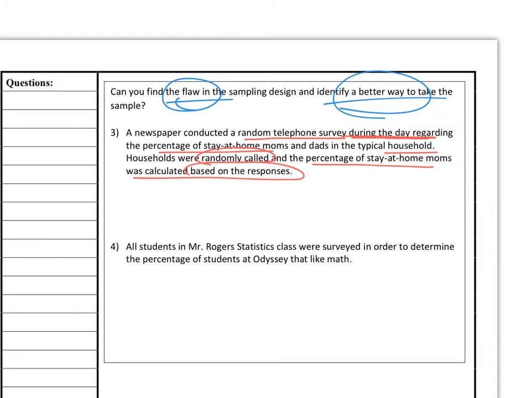To me, what stands out is that we are only calling during the day. What about the people that aren't able to answer the phone during the day? Are we calling them back at night? So the flaw is that we're only calling during the day and only using the given responses.